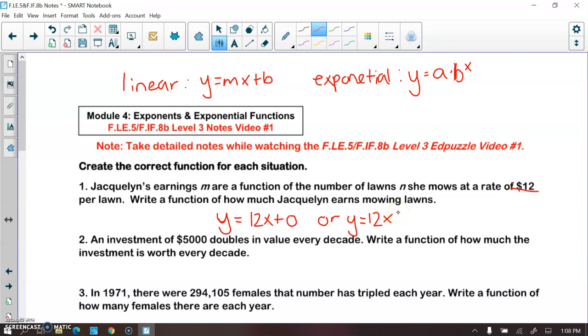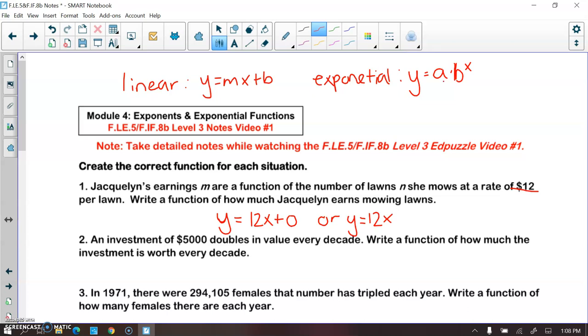Number two, an investment of $5,000 doubles in value every decade. We want to write a function of how much the investment is worth after every decade. Since we're doubling, that means we're multiplying by 2 every decade. That would be an exponential function.